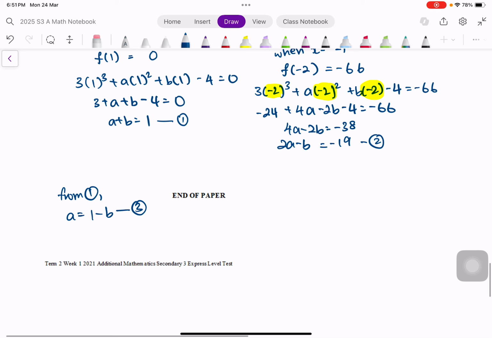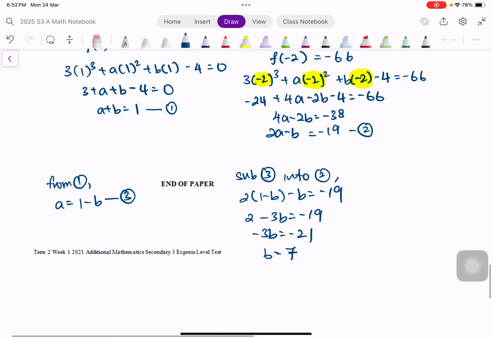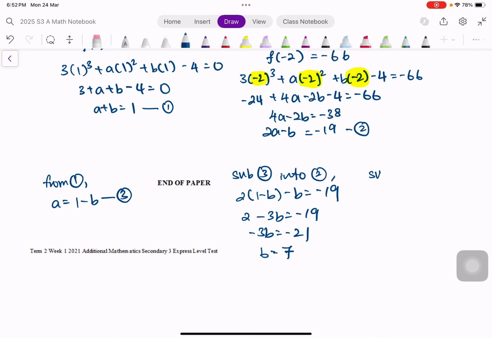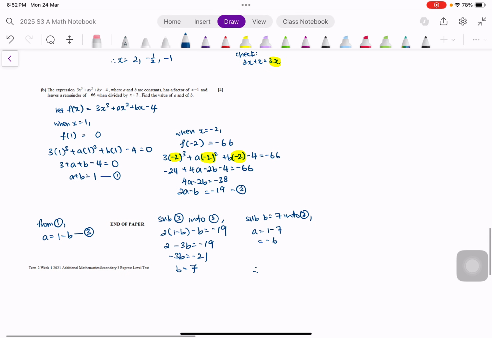So I make a the subject, and substitute equation 3 into equation 2. Okay, b equals 7. Substitute b equals 7 back into equation 3. So then you are done. a equals -6, b equals 7.